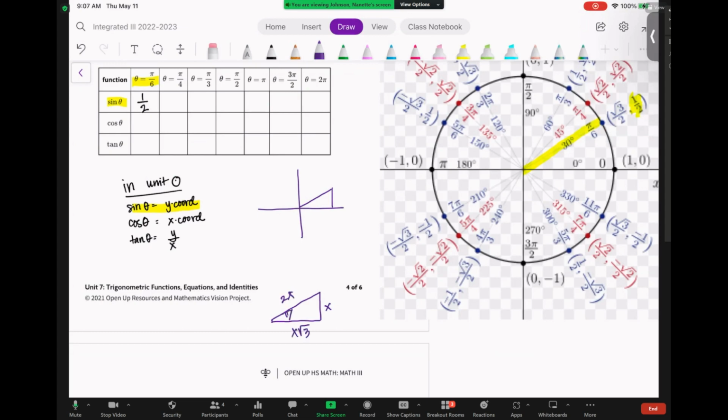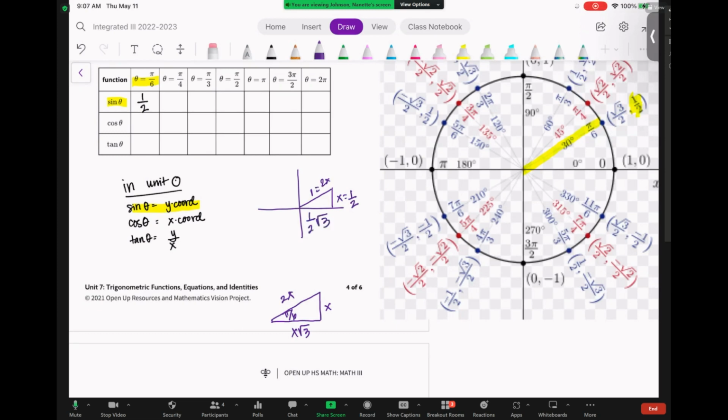This is pi over 6 right here. Because the hypotenuse is 1, and this is 2x, that means x equals 1/2, and this is 1/2 root 3.